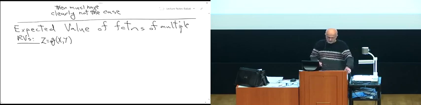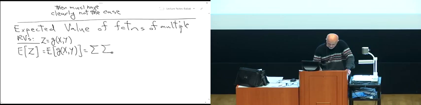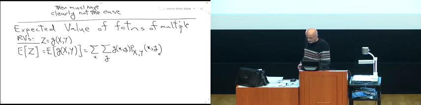that is a random variable in its own right, then the expected value of z is the expected value of g of x, y, and that is obtained by summing over all possible x and all possible y of g(x, y) times the joint probability mass function of x and y.